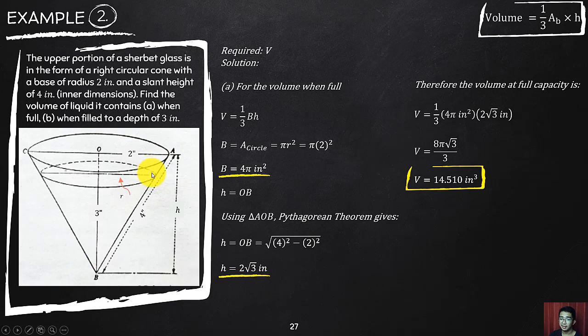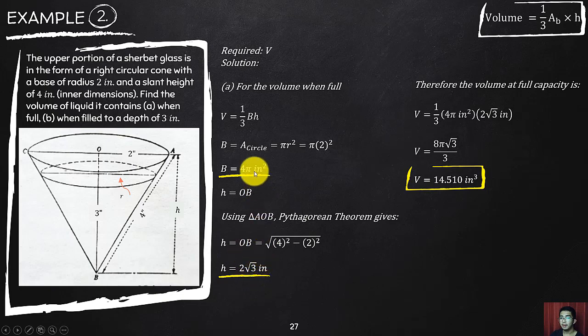So if you remember our discussion in trigonometry, that is the square root of hypotenuse squared minus the leg squared. So 4 squared minus 2 squared gives you OB, which is now 2 square root of 3 inches. You can convert this into decimal, but I suggest using this value to minimize loss of accuracy.